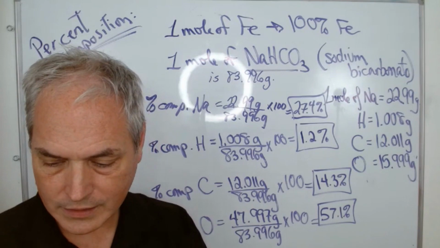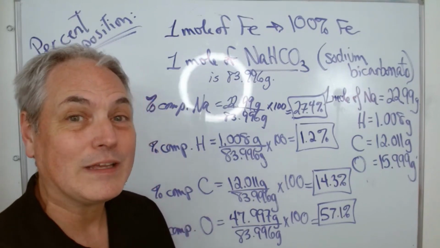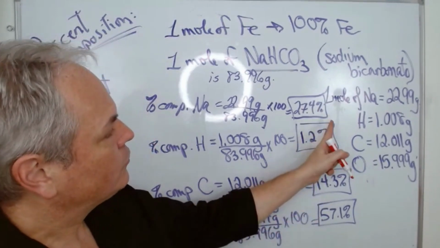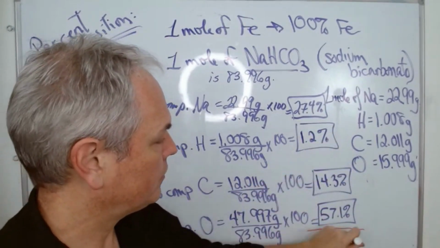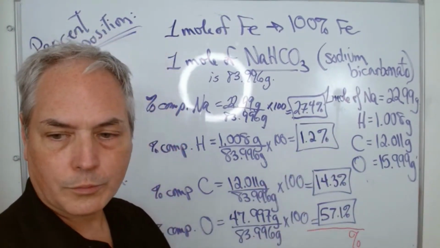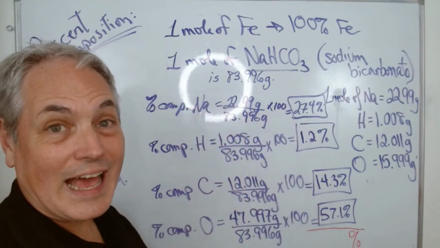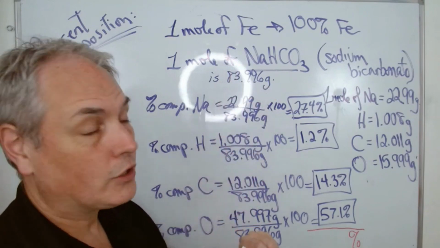Now I haven't done the check. Let's see if we can add to about 100%. I'm looking for the total percentage of each of these atoms with respect to the compound.